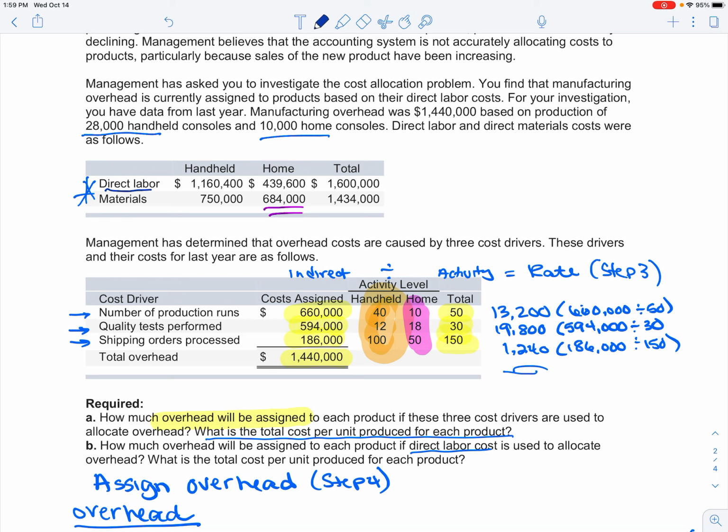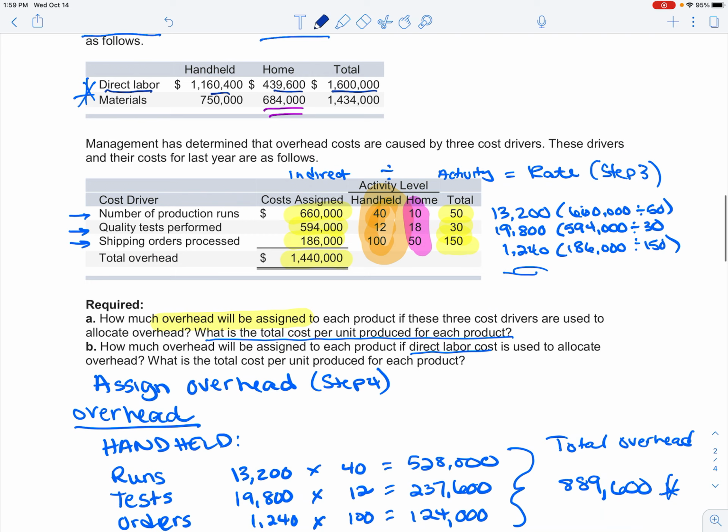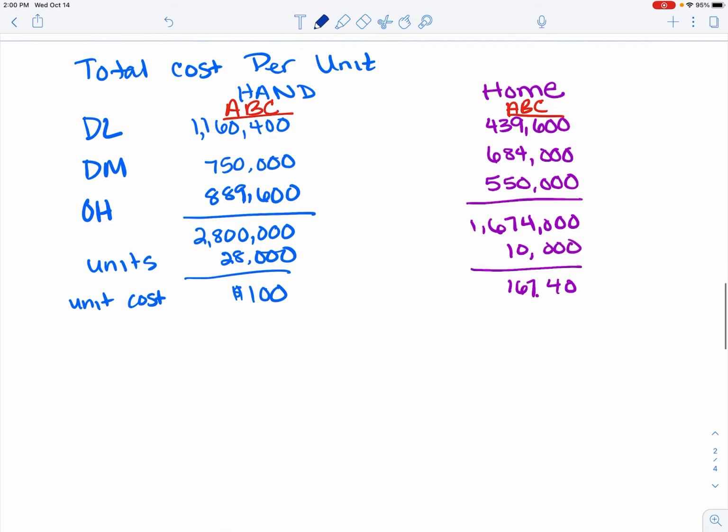So I can look to my direct labor hours here. Go right through it. And I can calculate what my total rate should be by taking this total direct labor hours, my total overhead, and dividing those.